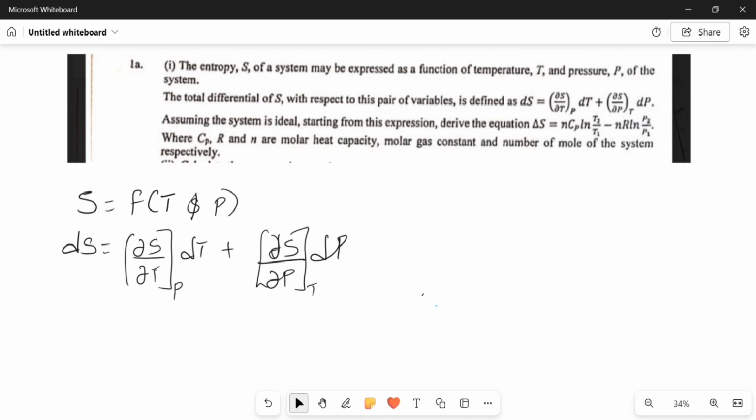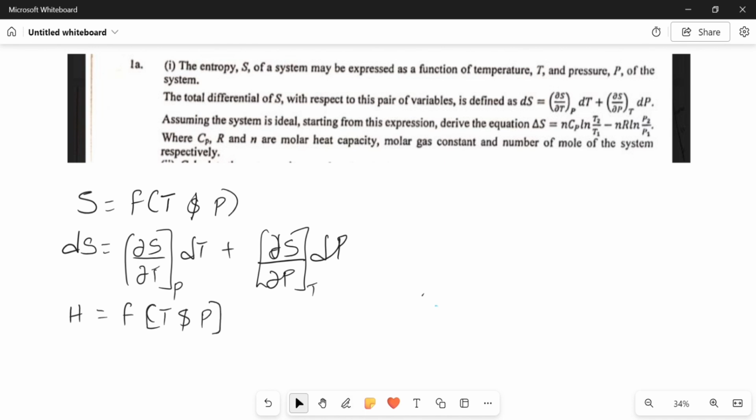Now, how do we relate it to change in S equals nCp ln T2 over T1 minus nR ln P2 over P1? We need to find an equation that relates all these terms. We should not forget that H, which is enthalpy, is also a function of temperature and pressure.